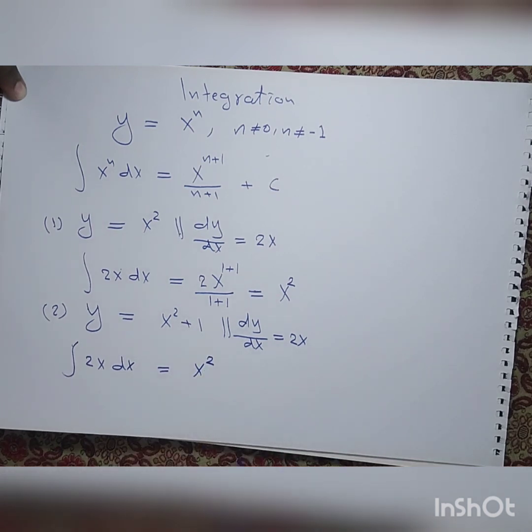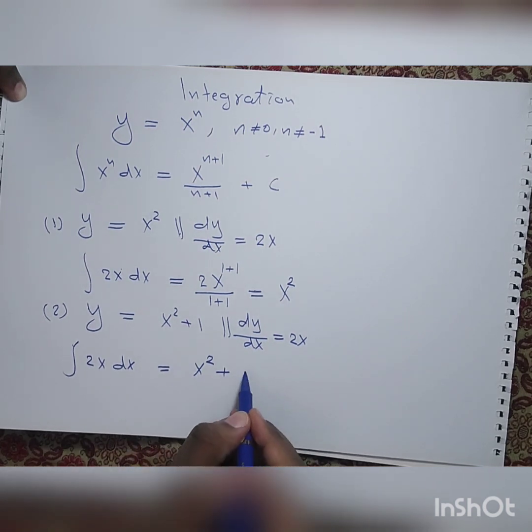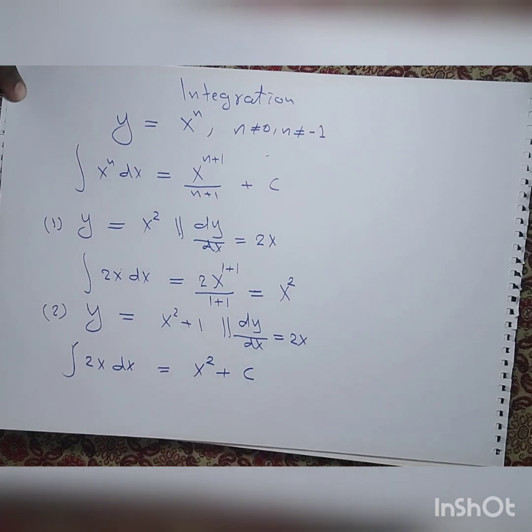But now notice that the original function is x squared plus 1, and after we integrate we get x squared, which means we didn't get the original function after we integrate. This is why, whenever we integrate, we always add a constant, which we do not know.